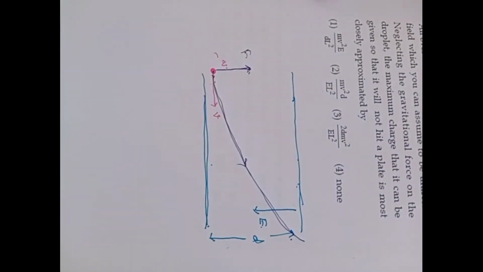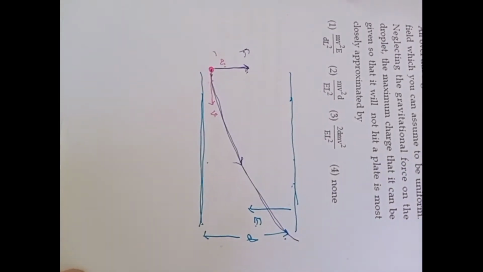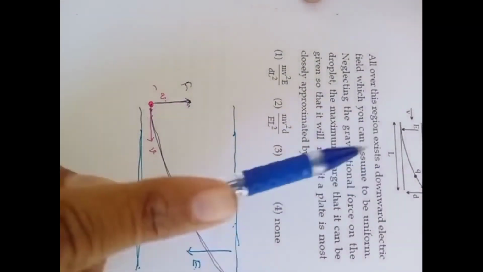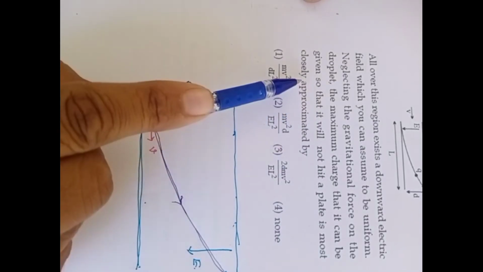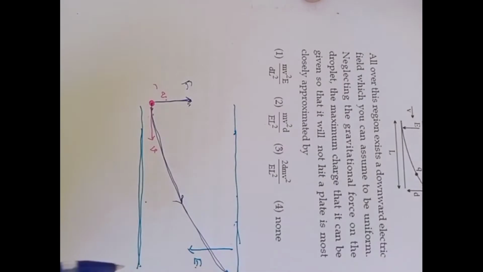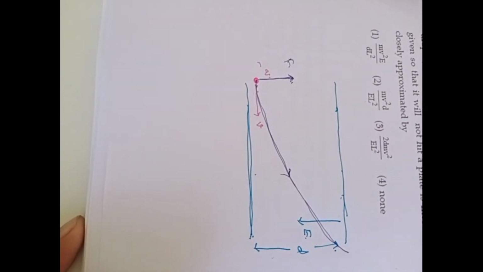Then what is the value of q? They are asking, the maximum charge that it can be given so that it will not hit a plate is most closely approximated by what? What is the charge value they are asking?